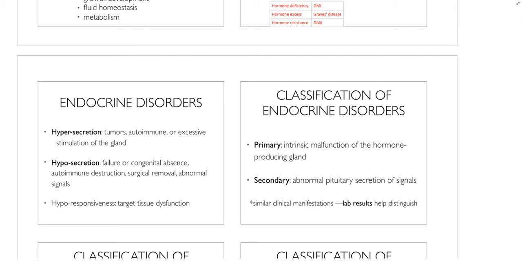So I don't think you guys have this slide, but primary and secondary endocrine disorders are based off of where the problem started. With primary disorders, the problem is with the gland itself.